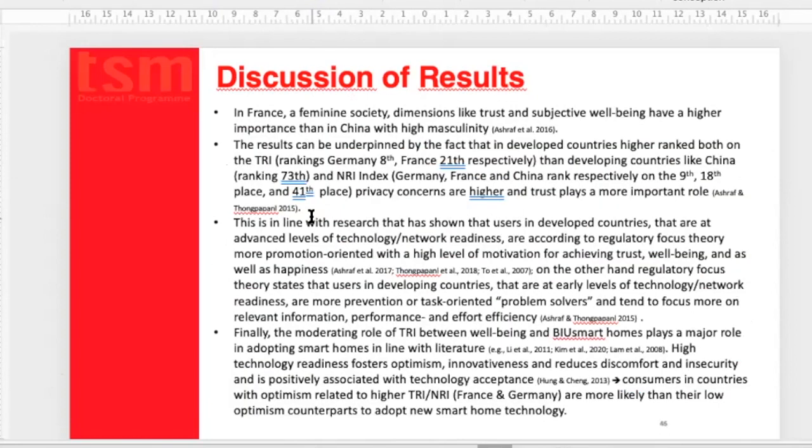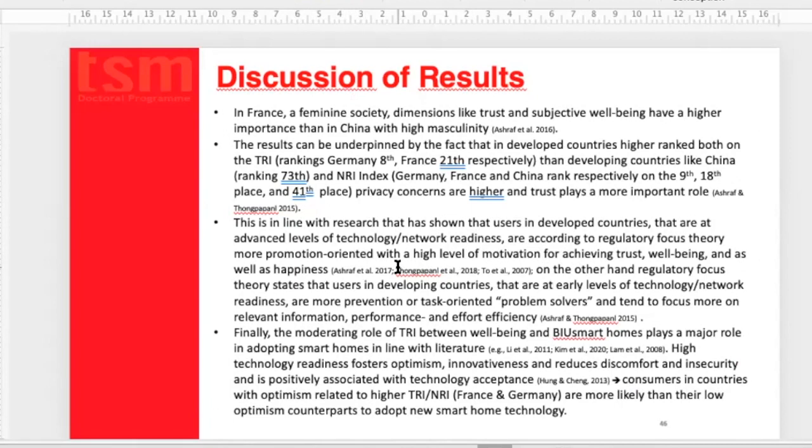And in France, a feminine society, dimensions like trust and subjective well-being have more importance than in China. This can be seen, actually in line with literature: we found a high level of motivation for achieving trust, well, happiness in developed countries such as Germany and France, or feminine countries.